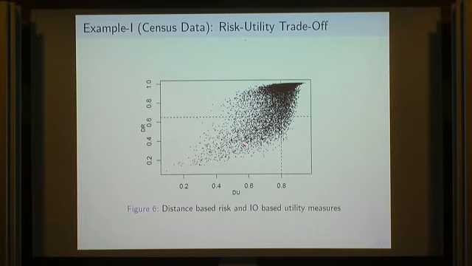So this line is the 20th quantile. So any value falling under this line means that by using any of these X star, we have risk that is less than 80% of other X star generated from this process.